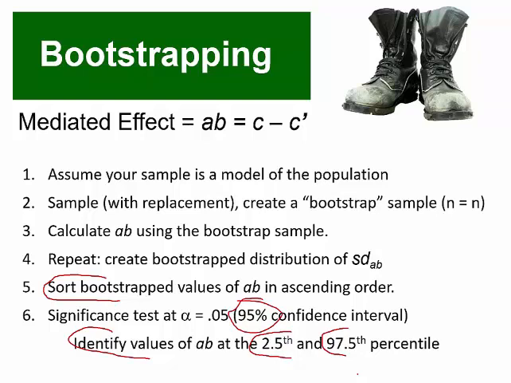And then we can simply look at that range and see, does that range include 0? If that range includes 0, then we can say our results are not significant.